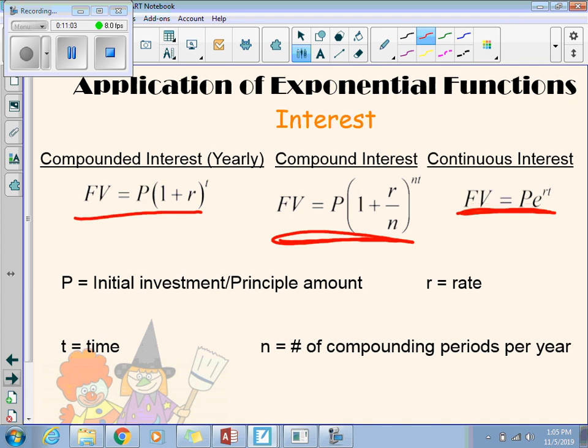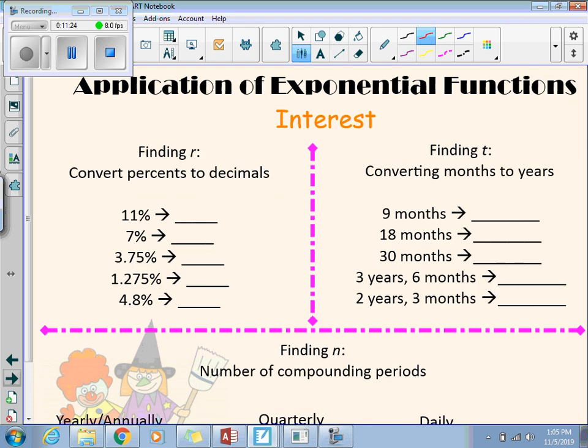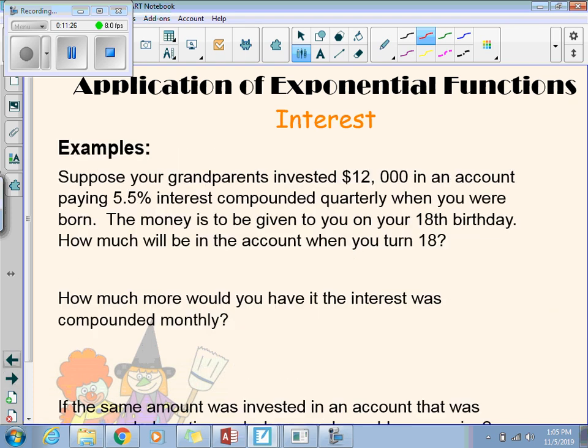So like for the compound interest yearly, right, we don't have an N because we're dividing by 1. So you can always use the compound interest formula there. So you can have things like monthly, quarterly, biannually, daily, things like that are compounding for your periods. Again, your formulas will be given to you.